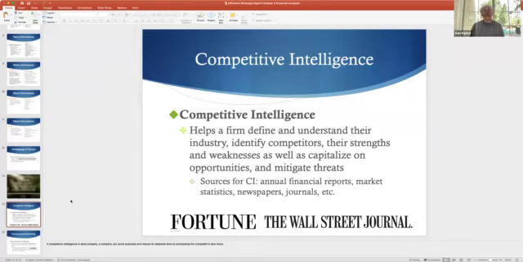And it really takes digging. If they're a public company, maybe you can get information from their annual report. Oftentimes that annual report will kind of give you hints about the direction that that firm is going. Market statistics, newspaper, journals, customers, former employees, any bit of information that you can pull in is better than nothing.